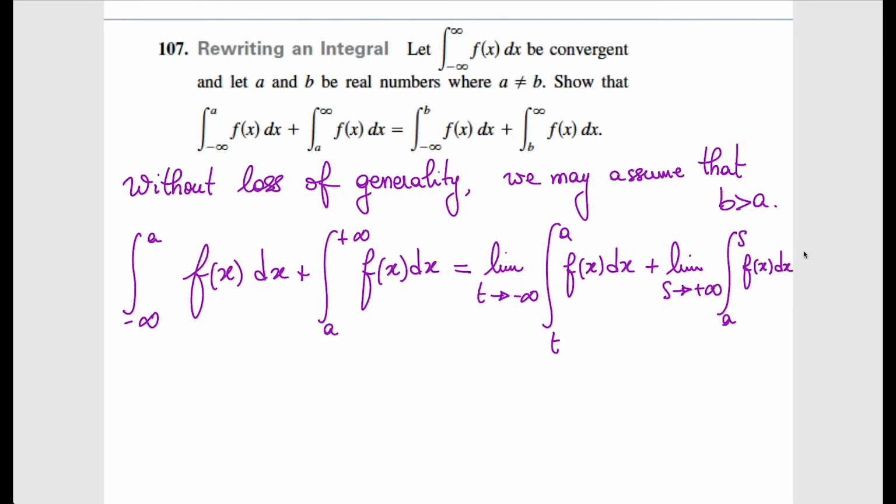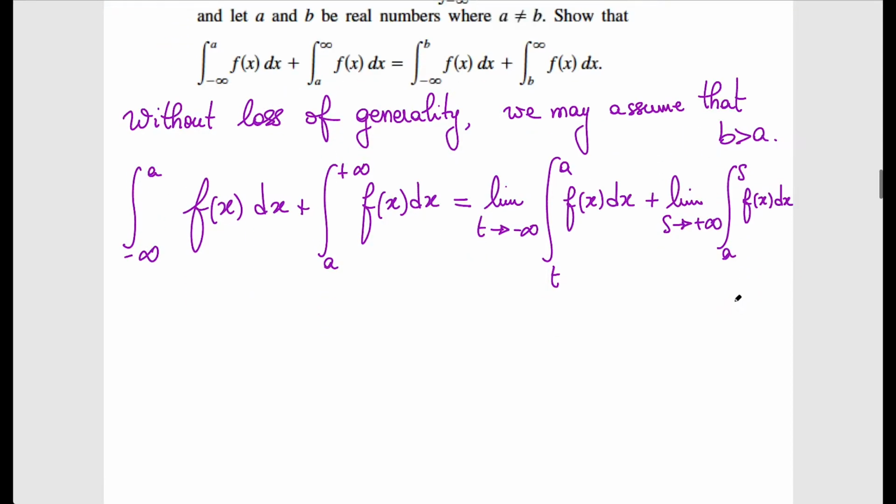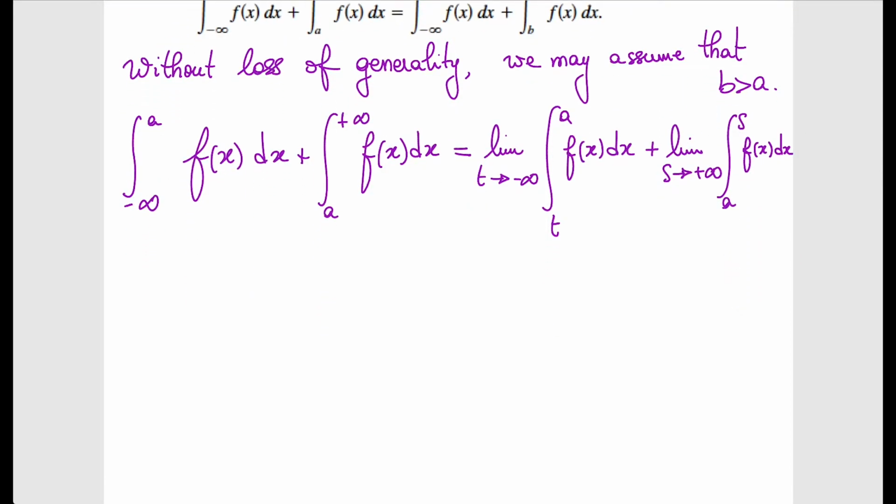Okay? And now since b is bigger than a, b is between a and s, right? If s is large enough, b is going to be found between a and s, correct?